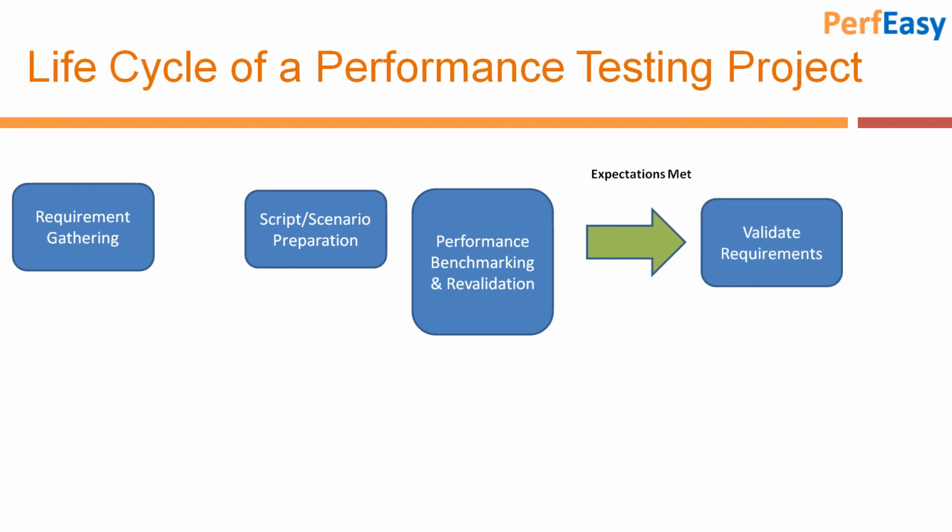If the expectations are met, assuming we are testing one microservice or an API, so that particular API is expected to give us a throughput of 200 API calls per minute. If it is meeting those expectations, then just validate the requirement again. Make sure we are not missing any other factor.